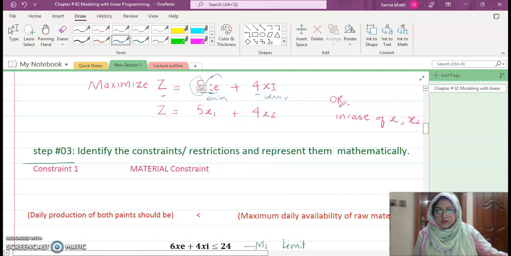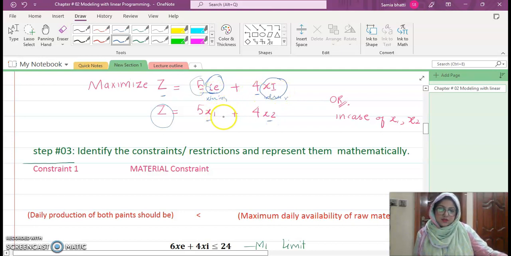The company needs to know what proportion they should make, and they will be multiplying it with the 5, so they will reach the final profit, whatever the profit will come. So we have to derive both these values. Either you can represent them as xe, xi, or x1, x2, it's up to you.